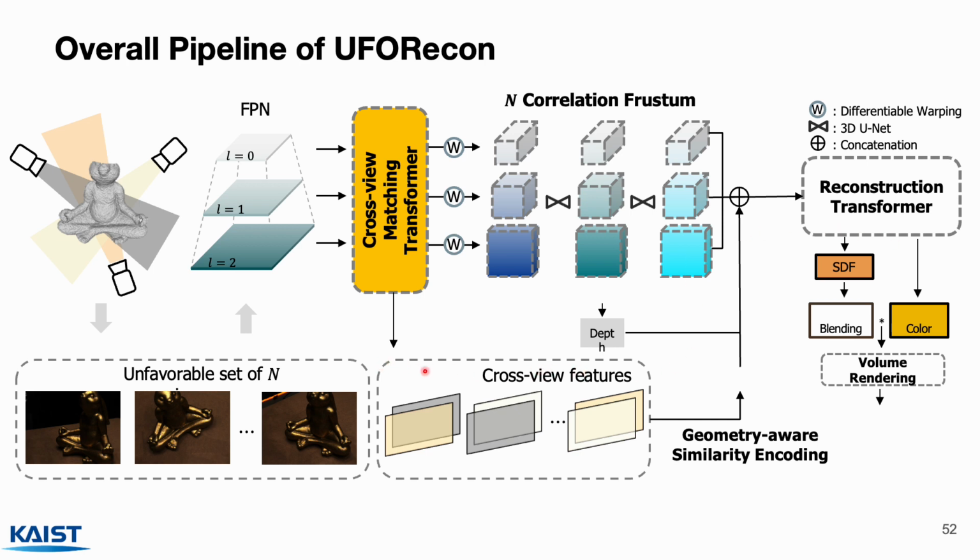To summarize this work, it is important to model the relationship between the source images, not only by modeling the global correlations using the cross-view matching transformer, but we also extract the similarity between the pairwise input features.